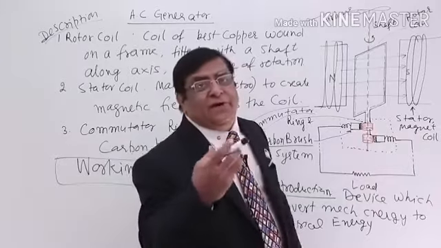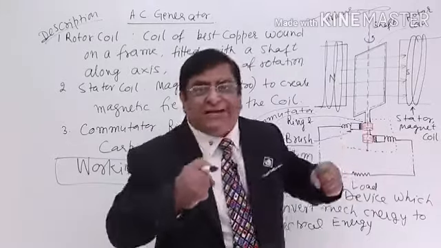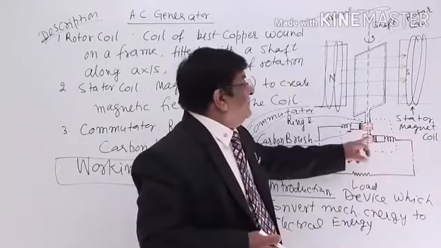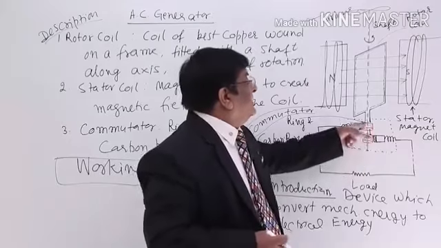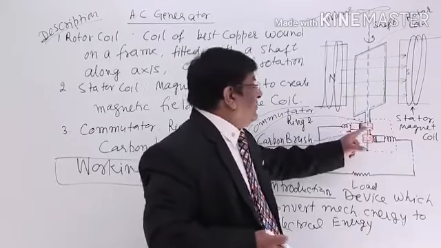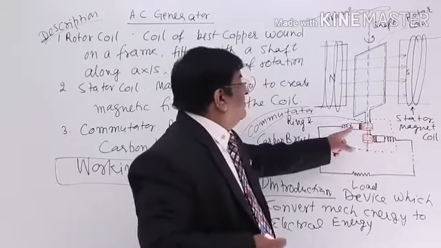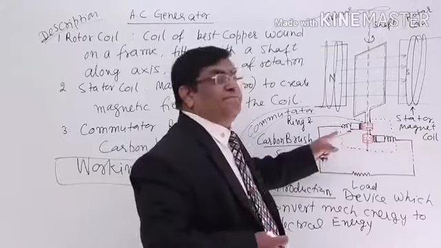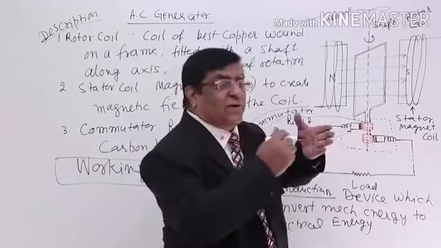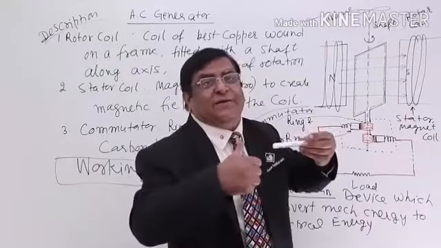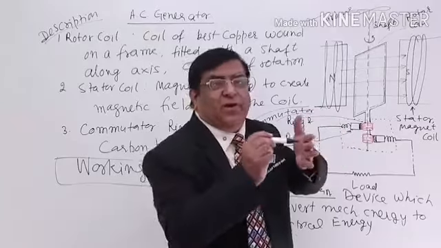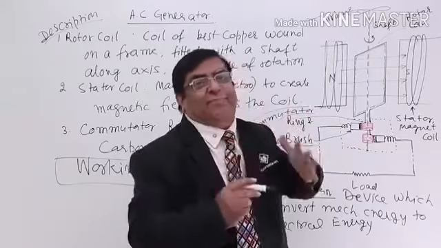This potential is taken out by the carbon brushes. They are always in contact, pressed by a spring, so they can't come out. They cannot, by friction, create a gap.